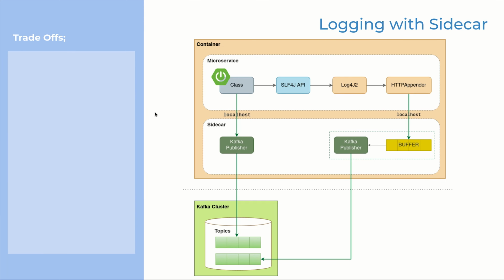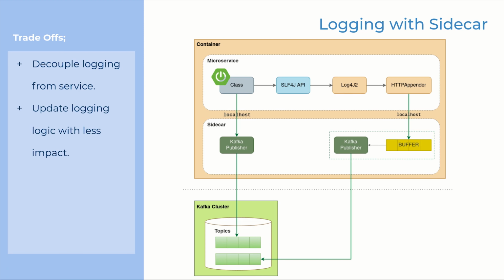And another approach to handle this is that we can use a sidecar pattern, where you will have a business process running in the same container with a sidecar, especially if you are deploying in a containerized environment. So there are a few advantages, like decoupling the logging aspect from the business logic. Since the logging implementation is decoupled, the logging workflow could change without impacting the business process.